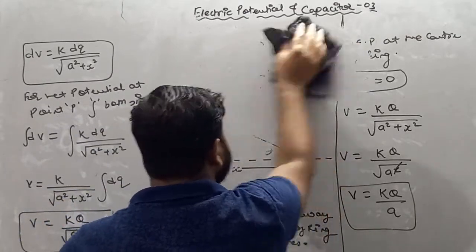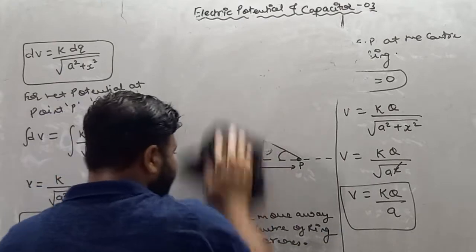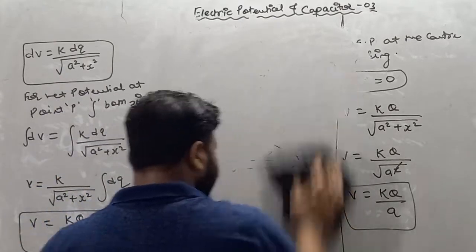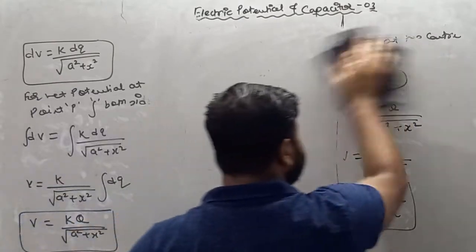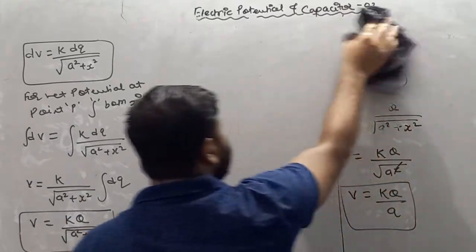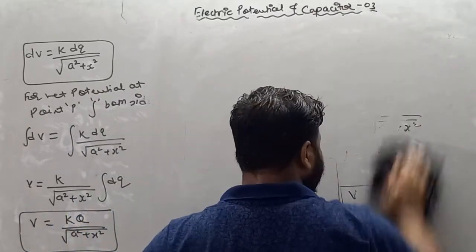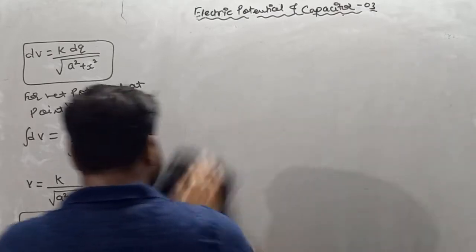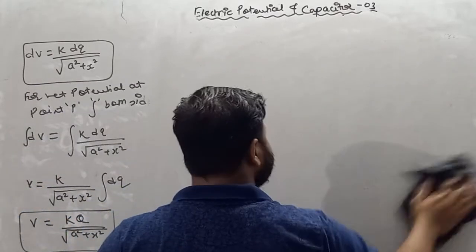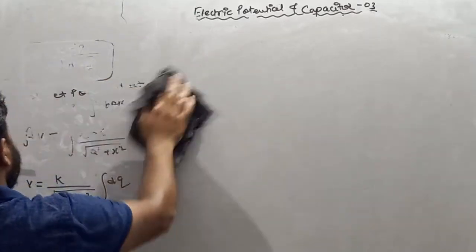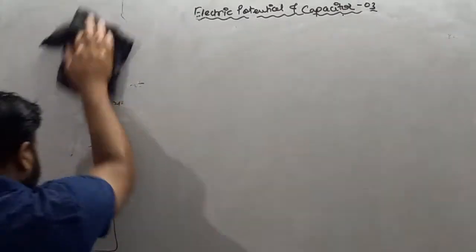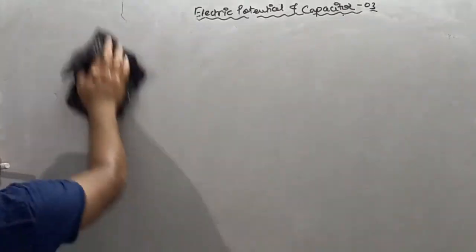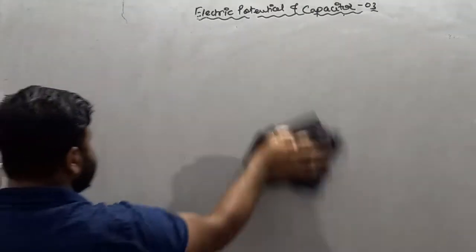So what we'll see, my dear student, is that if we move away from the center of ring, the potential decreases, because at center the value of electric potential is kq by a, and at x distance apart from the center of ring it is kq by under root a square plus x square.